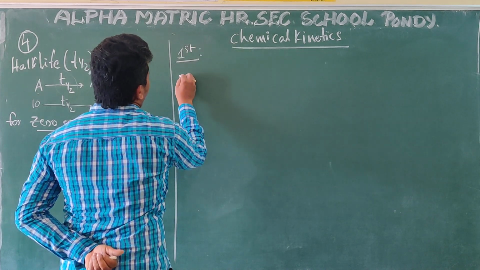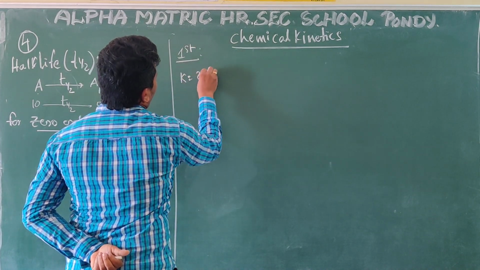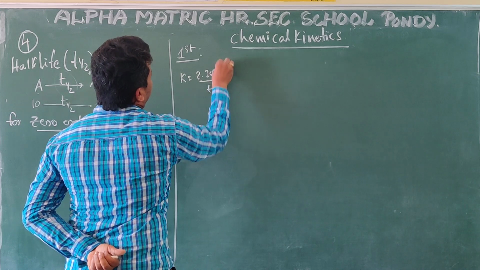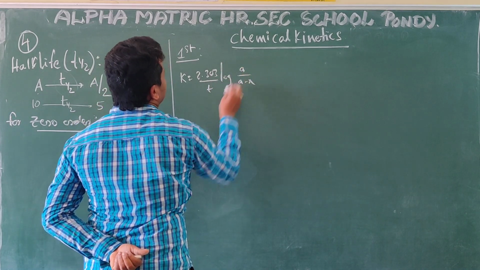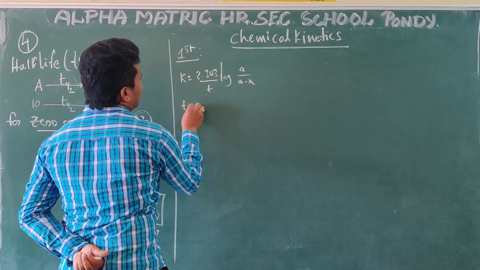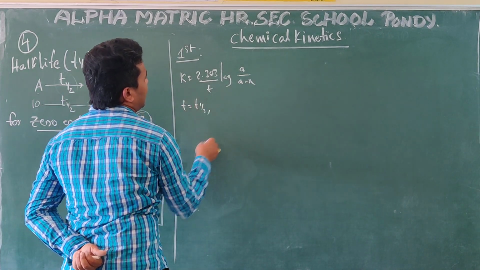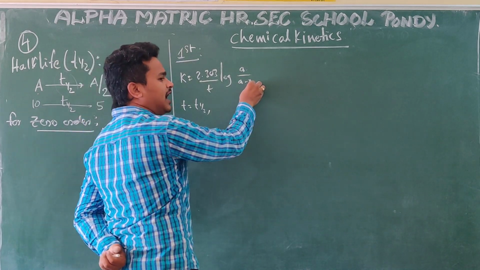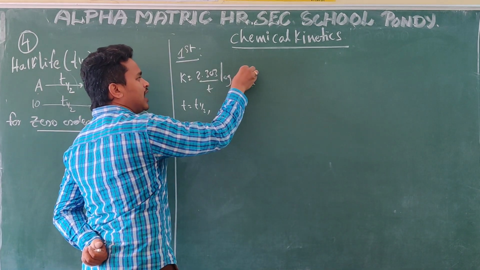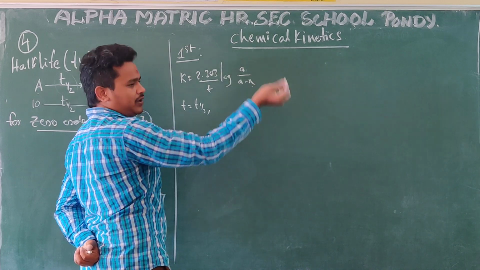What is the first order reaction formula? K is equal to 2.303 by t log of A by A minus x. Here t will become T half, and A is the initial concentration. A minus x is the concentration at time t. That means A minus x becomes A by 2.